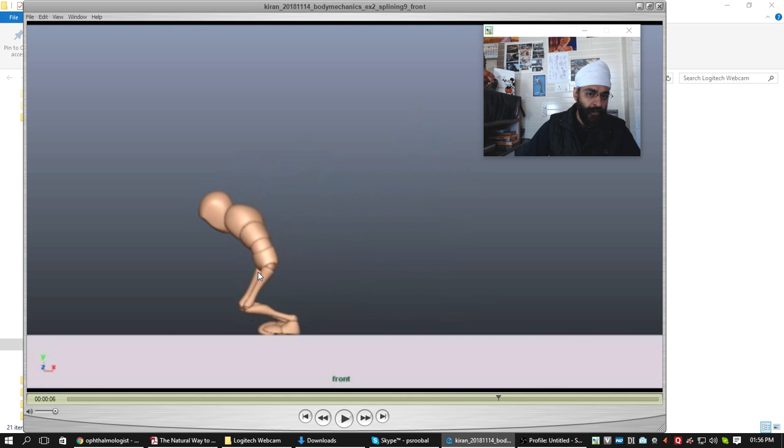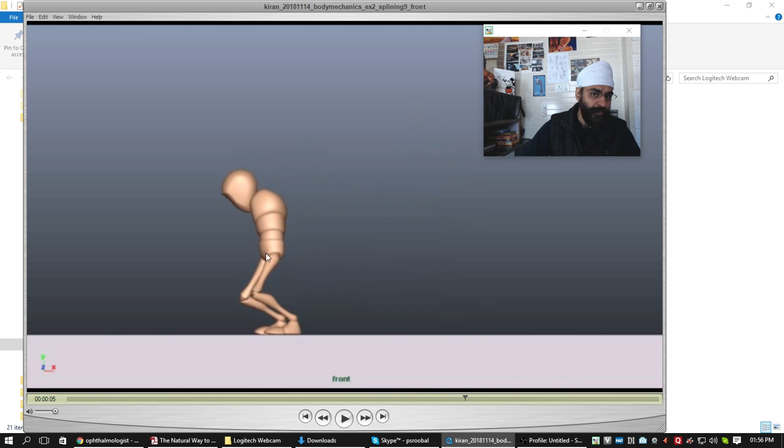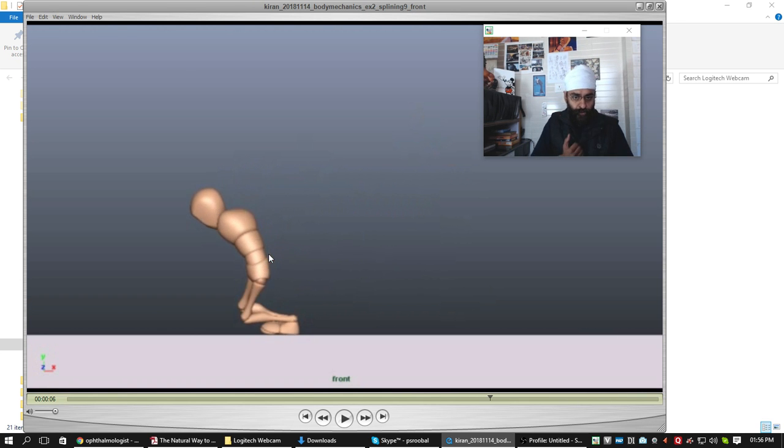So maybe after this point, this movement may not be so much towards his right or his front. I suddenly feel that it has stopped, again stopped by some supernatural power here, and it's then falling towards me.